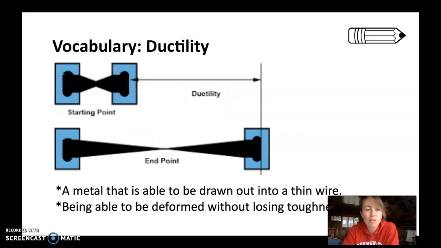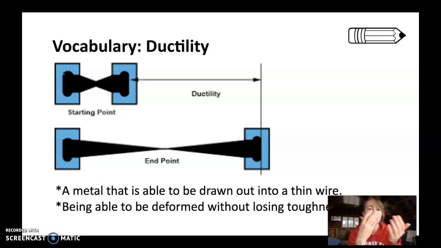All right, the second one is ductility. So this is almost always referring to metals. It's about how well it's able to be stretched or melted or pounded out into a thin material without losing its toughness, its hardness, its strength.